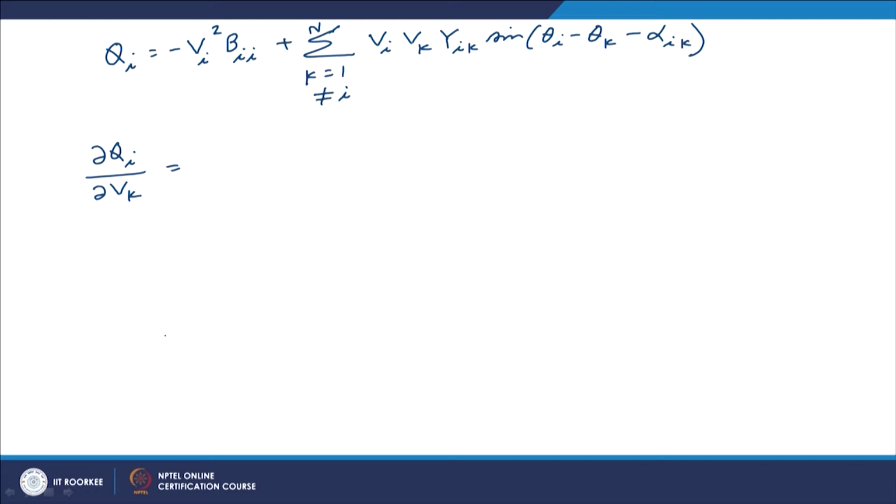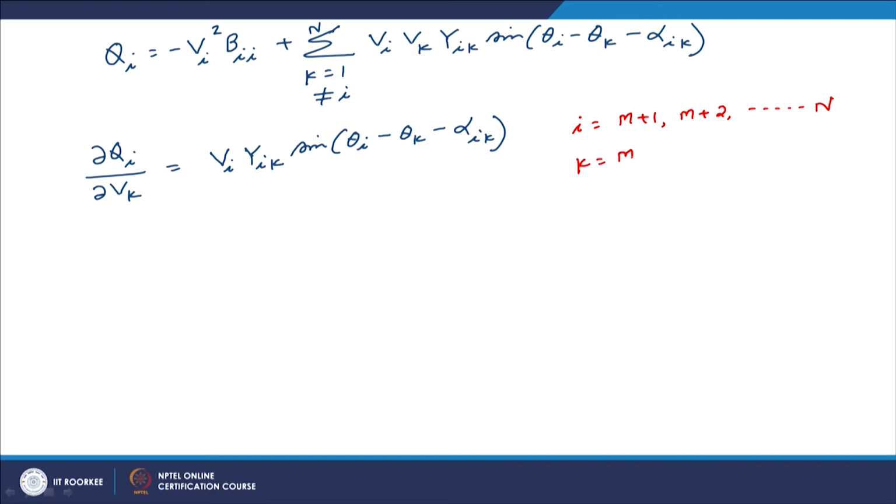So, this part derivative would be 0 and we will have only one term here, and that term would be v i, and v k will go, y i k sin of theta i minus theta k minus alpha i k, and here i would vary from m plus 1, m plus 2 to n. k would also vary from m plus 1, m plus 2 to n, but the rider is k is not equal to i.